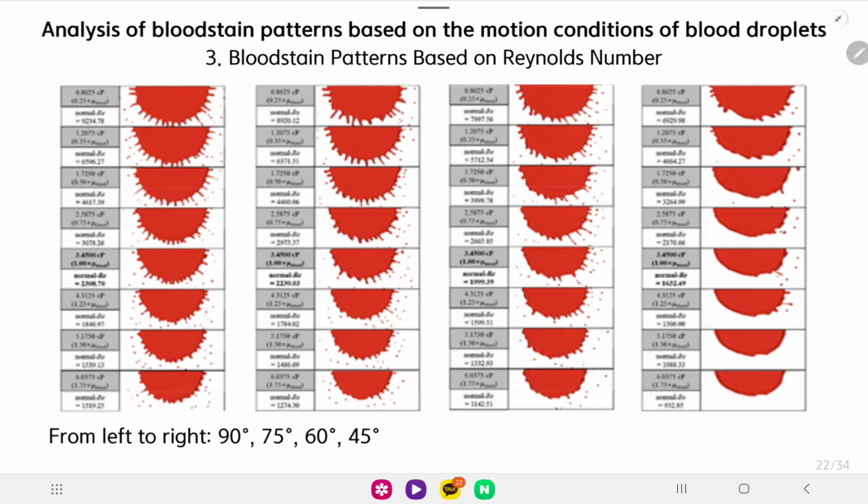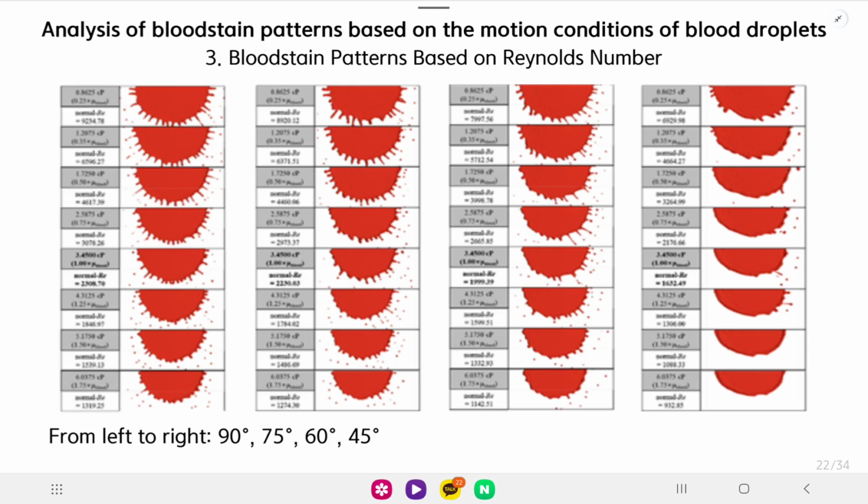A higher Reynolds number indicates a dominance of inertial forces over viscous forces, leading to greater splattering and more irregular stain shapes. In this study, we adjusted blood viscosity to generate 7 test cases while maintaining a droplet diameter of 2.5 mm and impact velocity of 3 m/s across 4 impact angles.